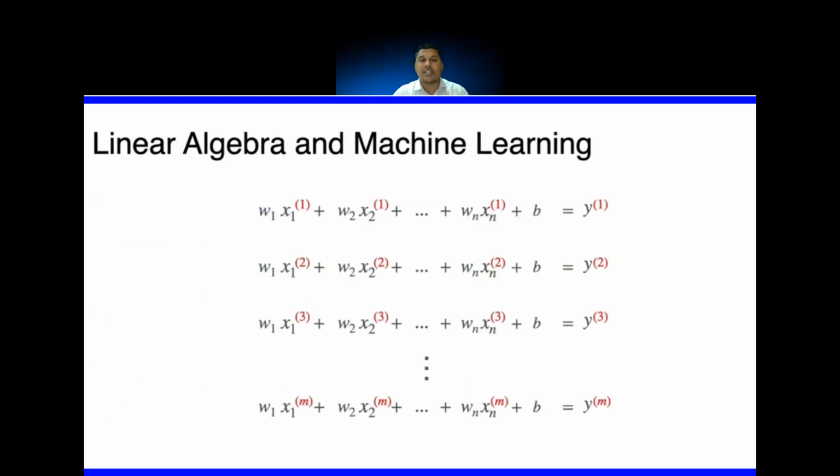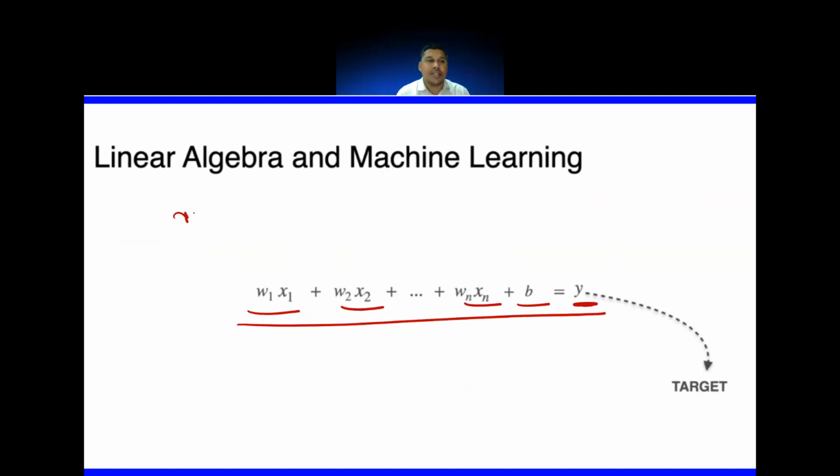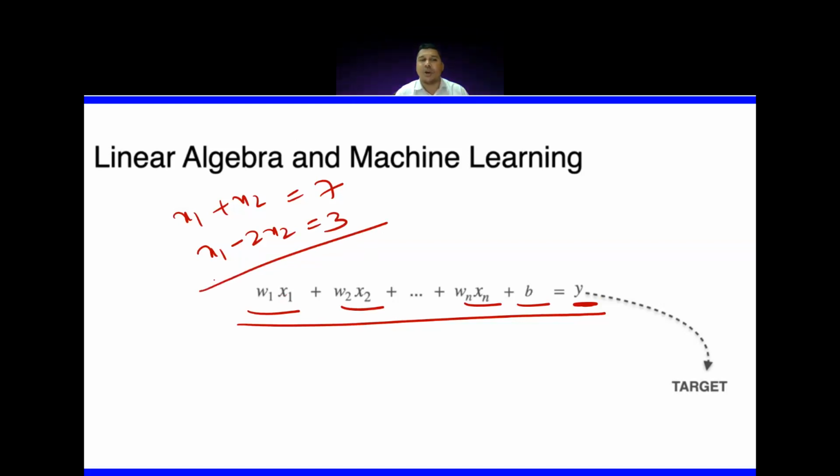Maybe I will take a simple silly example. Somebody says x1 plus x2 equal to 7 and x1 minus 2x2 equal to 3, for example. Can we find out the values of x1 and x2? How can I solve this?